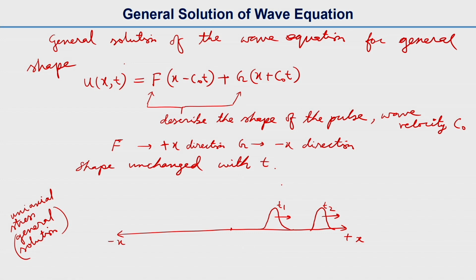This is represented by f of x minus c naught t. In the negative direction, the wave shape is similarly shown at time t1 and time t2, and the function z defines the wave shape there. So this is the general solution of the wave equation for a general shape.